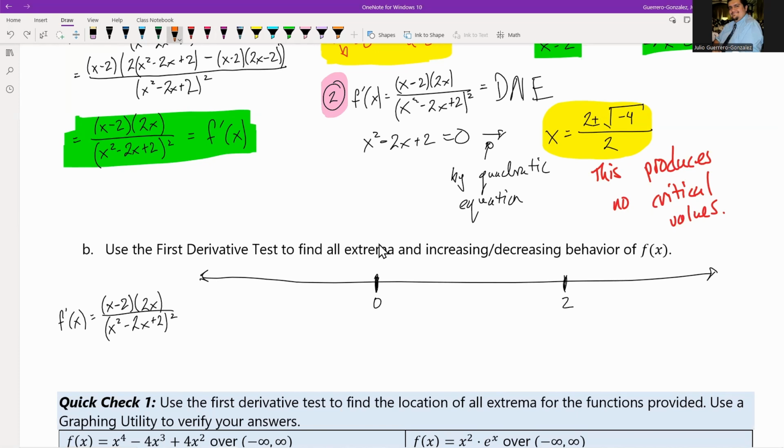What I like to tell everybody is choose test values that really don't make you work too hard in terms of your mental math. So I'm going to choose -1, right? -1 is before 0. That's good. Next test value, I need to choose something between 0 and 2. 1 works out pretty good. And then something after 2, so I'm going to choose 3.